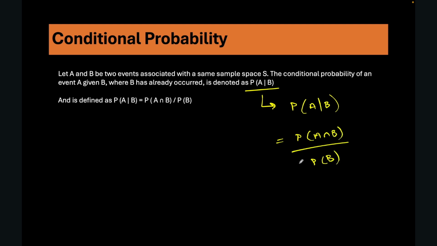So basically, out of the probability or the sample size of event B, you find the common points.